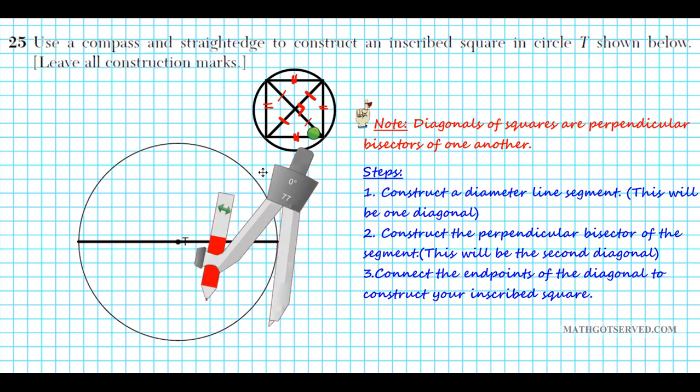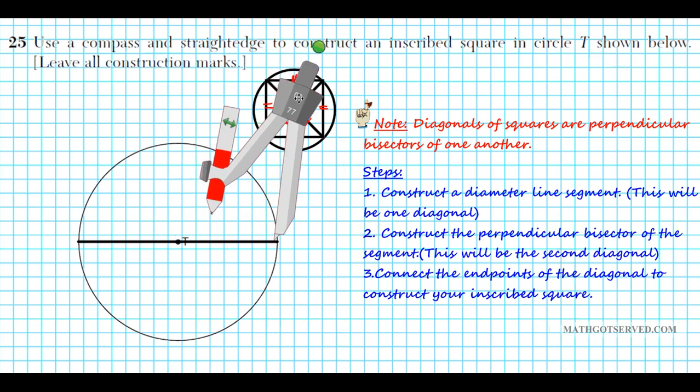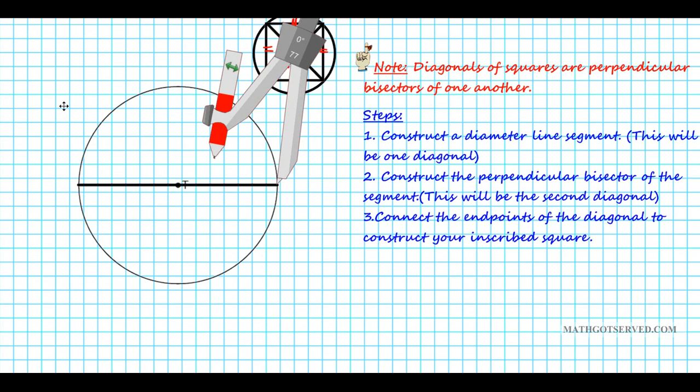So I have my compass here. You know how to construct perpendicular bisectors, right? So you place the endpoint of your compass on the intersection of the diameter and the circle, and then you're going to create an arc.